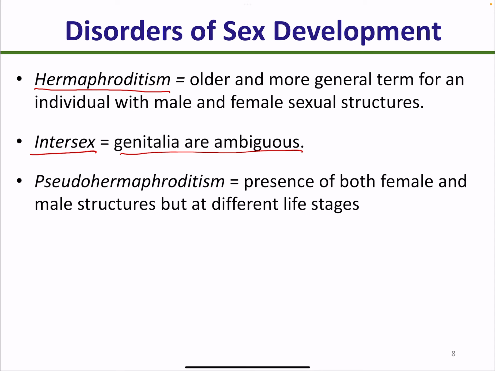It's just there in limbo, right? And then we have pseudo-hermaphroditism. So in the case of pseudo-hermaphroditism, we have the presence of both female and male structures, but at a different stage of life.